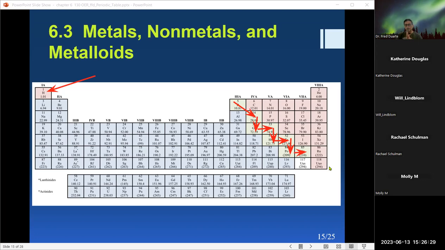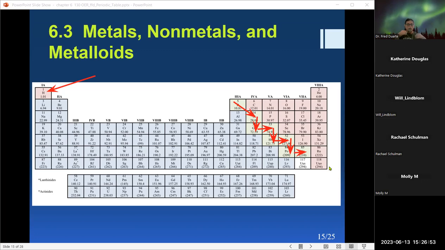There are only two types of compounds that we're going to deal with. We call one ionic compounds, and the other one is molecular compounds. More on that down the road. But to be able to recognize an ionic compound: ionic compounds are made up of metal and non-metal combinations.